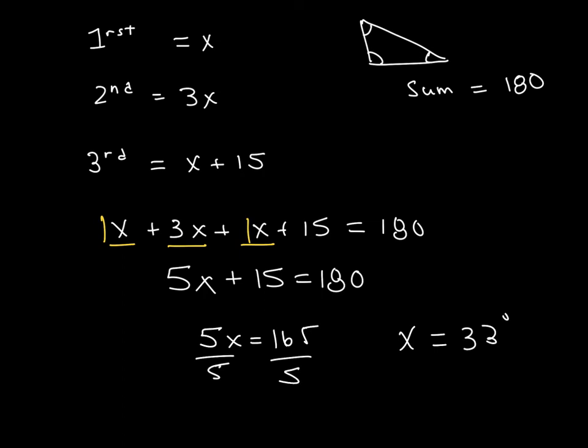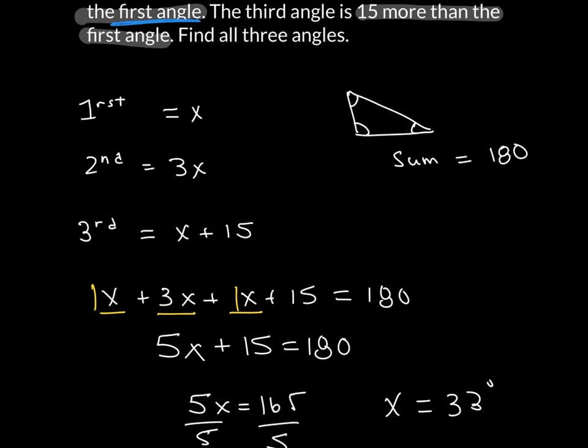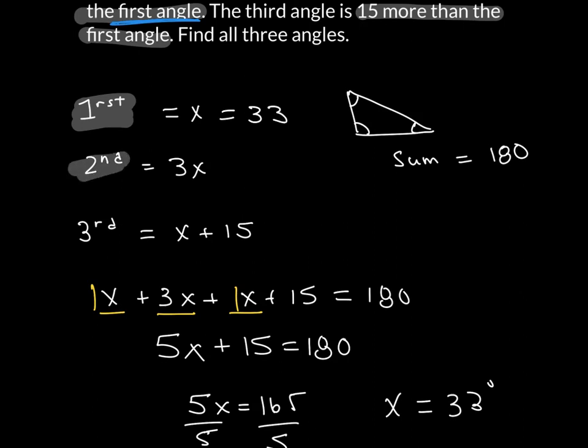Now we have to go up to the very beginning to find out what all of the angles are. So for the first angle, that is just going to equal 33. For my second angle, that's going to be 3 times 33, or equal to 99.